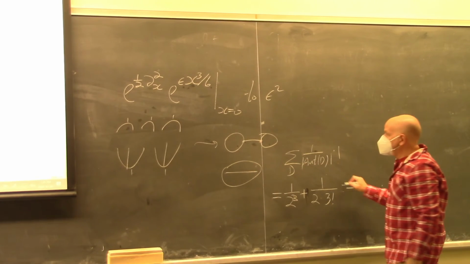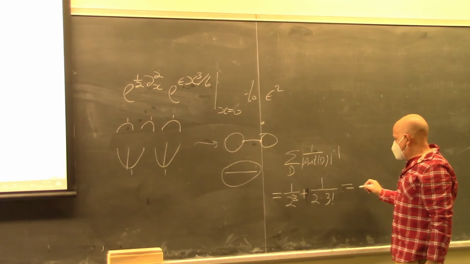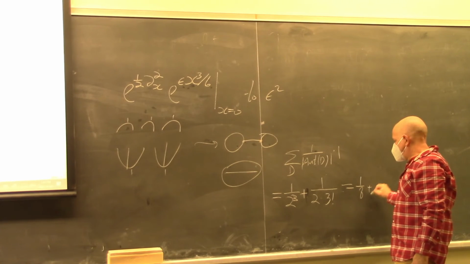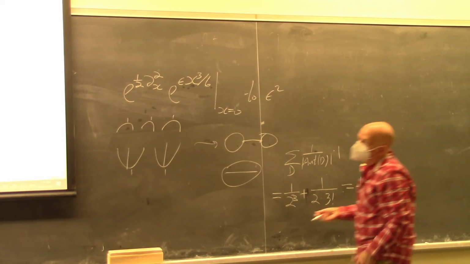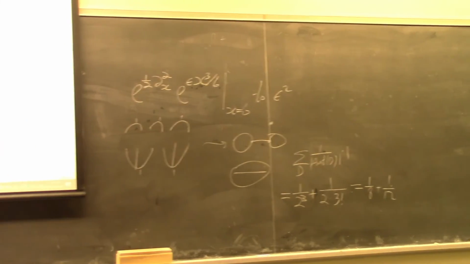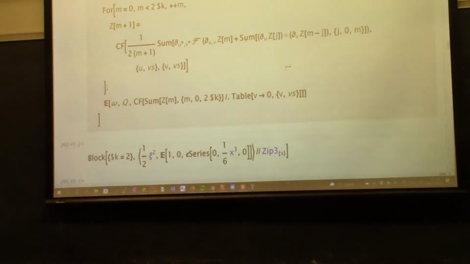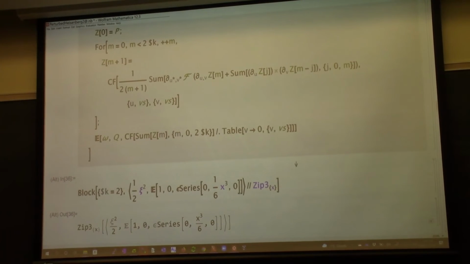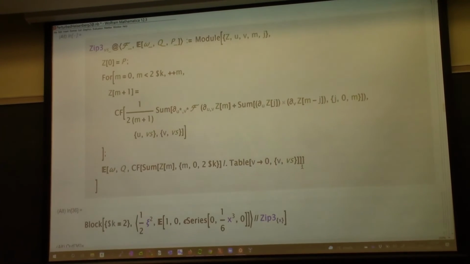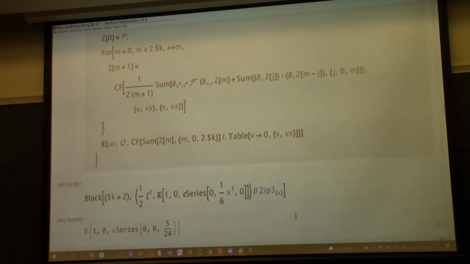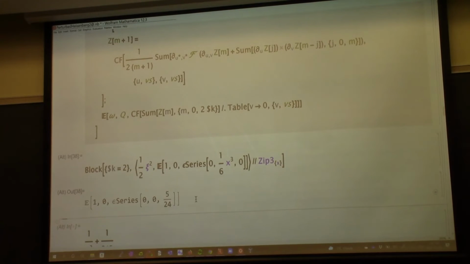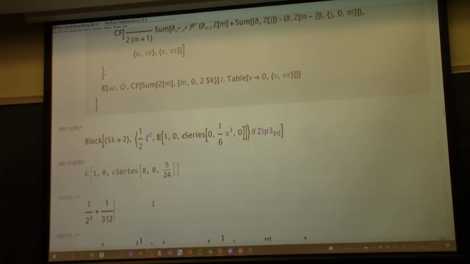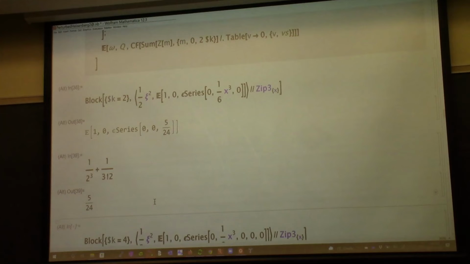So the output should be 1 over 8 plus 1 over 12. Let's see if that's what we get. So, compute it. Oh, sorry, I forgot to enter the program. So compute it, and we get 5 over 24. And is this 5 over 24? Good, it is.